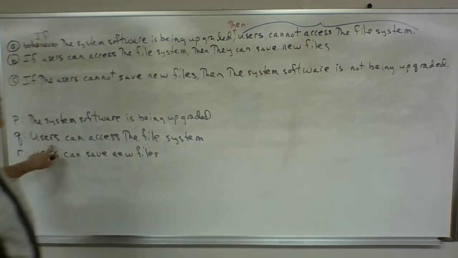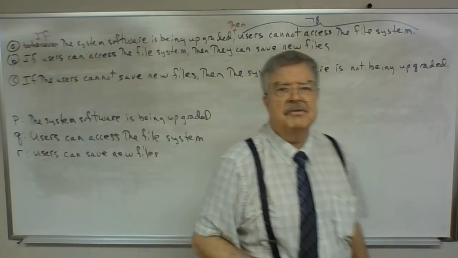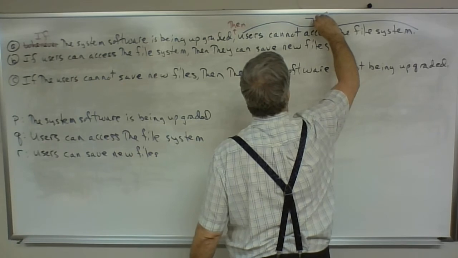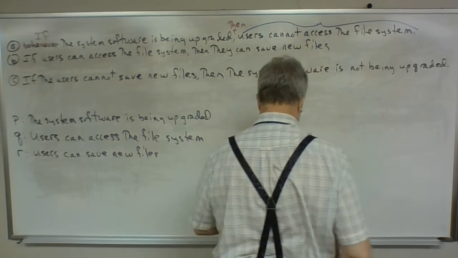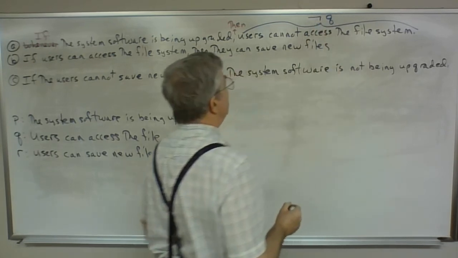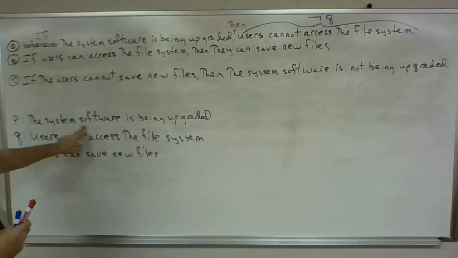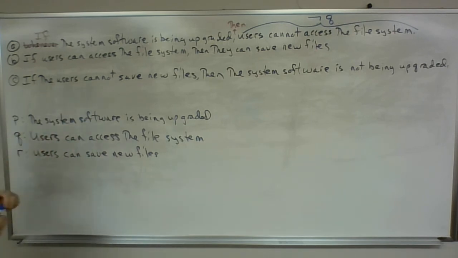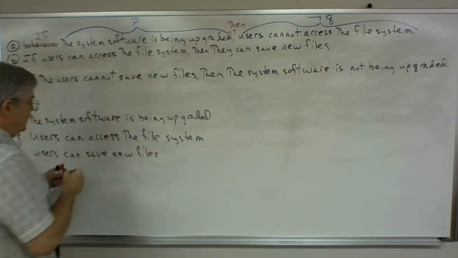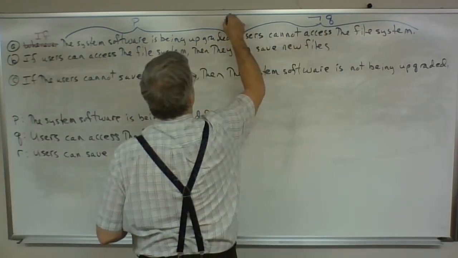That's the negation of Q, or not Q. Okay, not Q. The system software is being upgraded. That's P. So we have if P, then not Q. So here's my then.